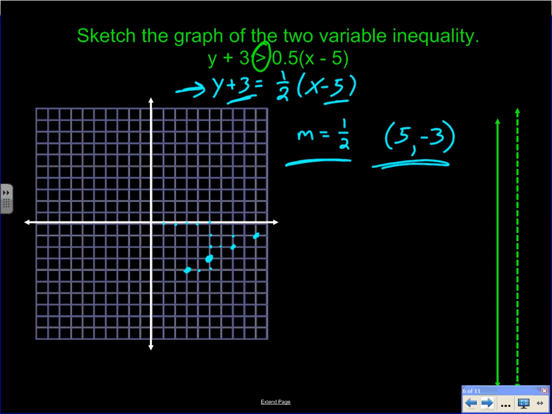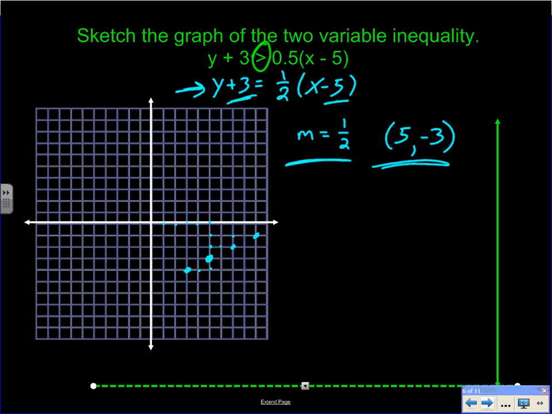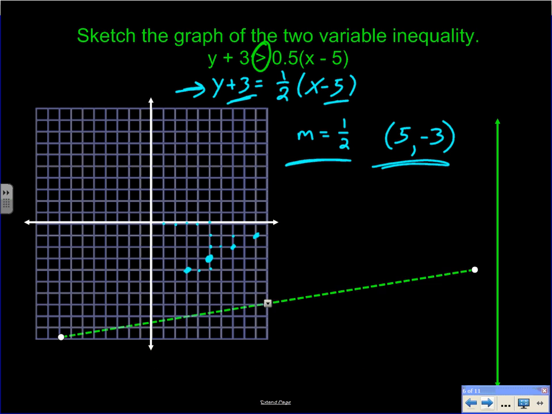It says greater than, so that will be a dashed line. It's a dashed line.